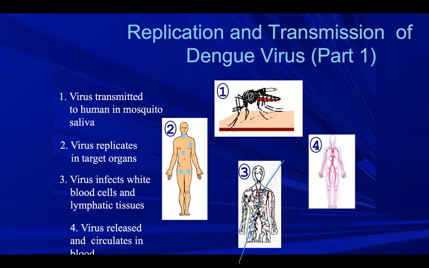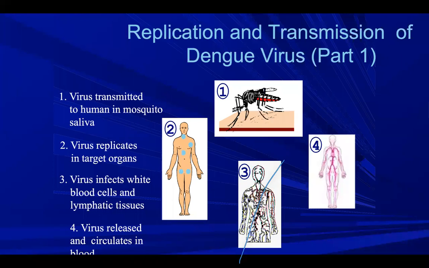How does it replicate? Replication and transmission of dengue virus, part 1. One, the virus is transmitted to humans in mosquito saliva. Two, the virus replicates in target organs. Third, the virus infects white blood cells and lymphatic tissues. Four, the virus is released and circulates in the blood.